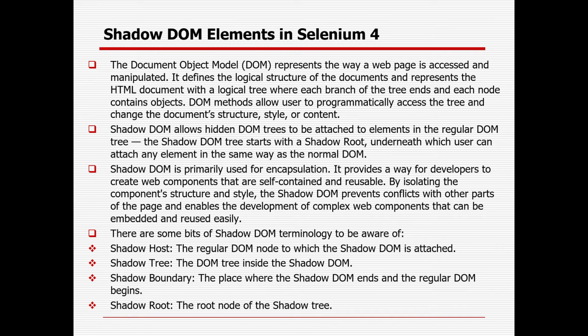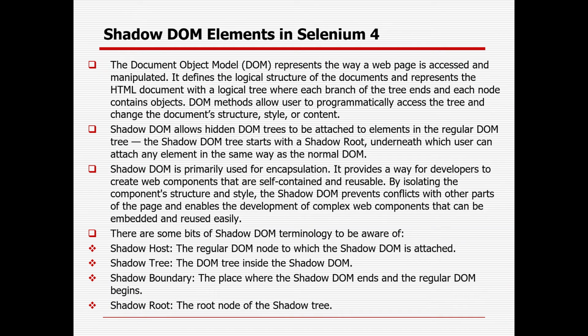It provides a way for developers to create web elements or web components that are self-contained and reusable. By isolating the component structure and style, the shadow DOM prevents conflict with other parts of the page and enables the development of complex web components that can be embedded and reused easily.